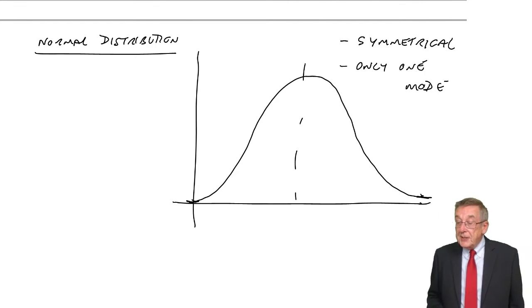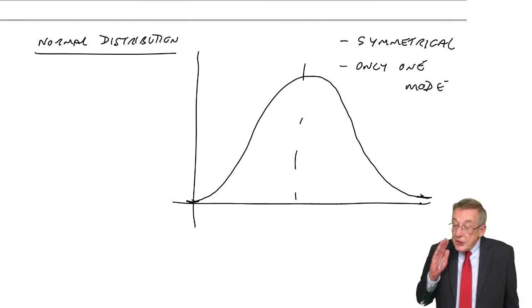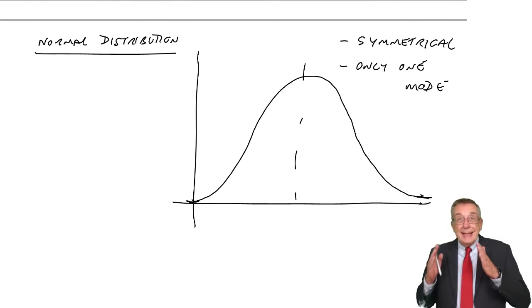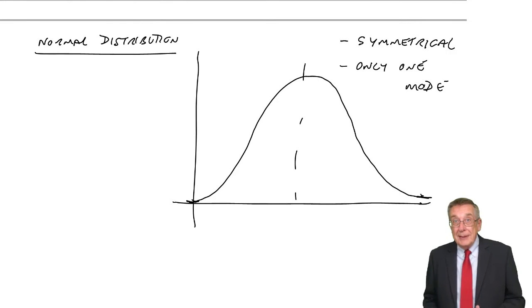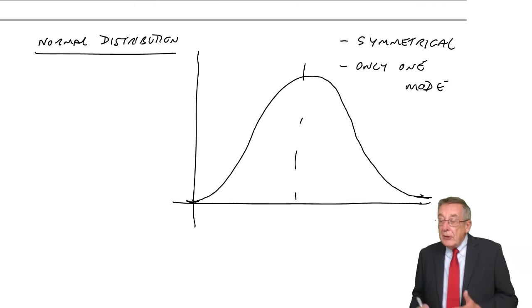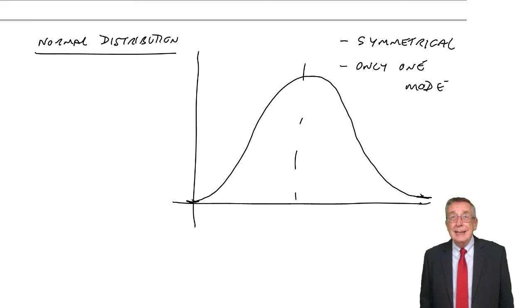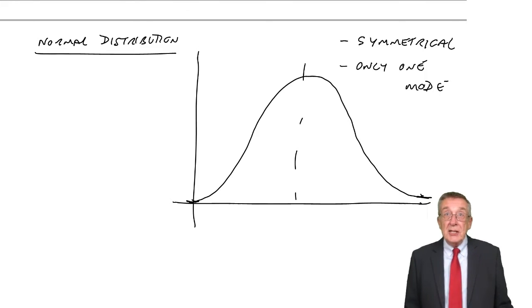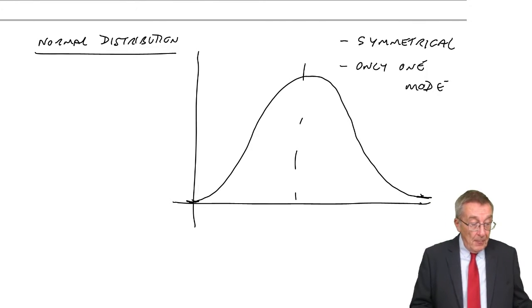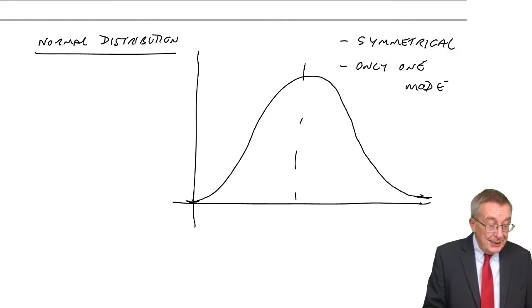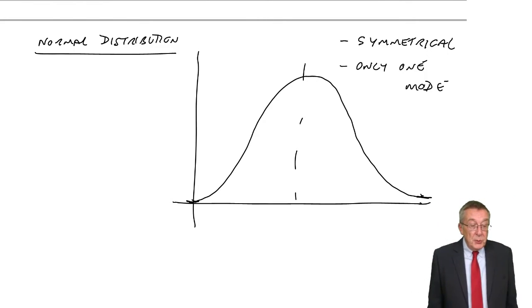Now, as I said a minute ago, for a curve that's that sort of shape, there are tables to help us get these proportions I was talking about without needing a ruler and having to actually measure the areas. And to show you how we use it, look at example 2.